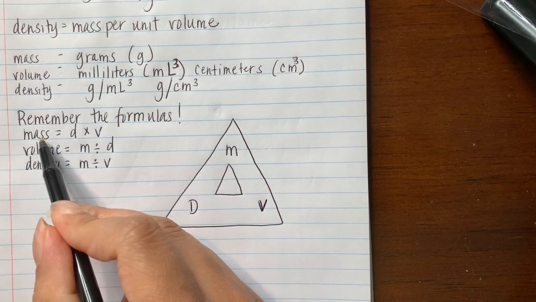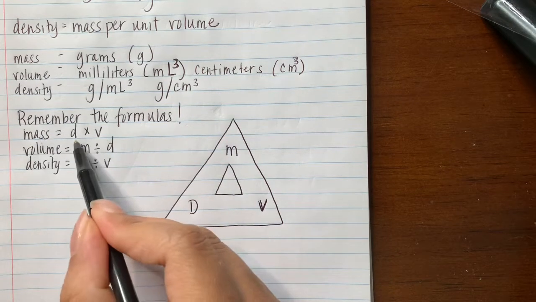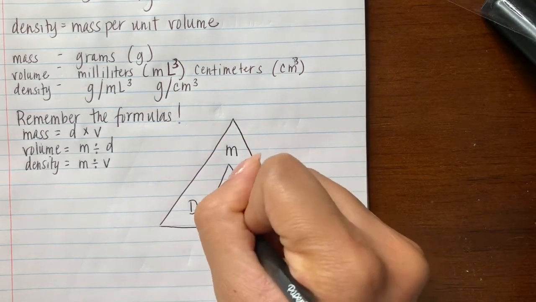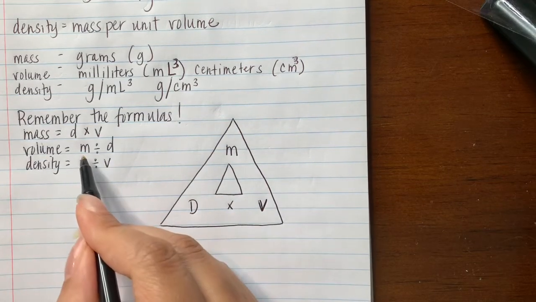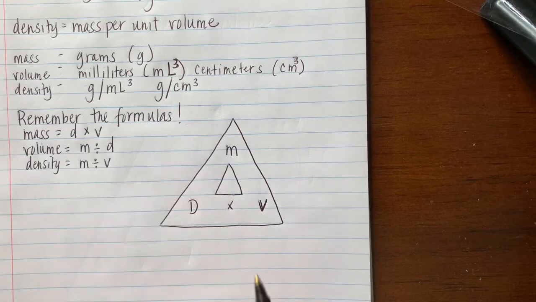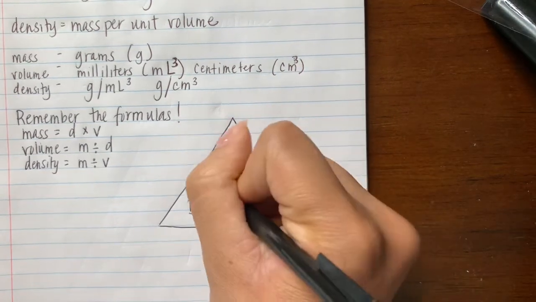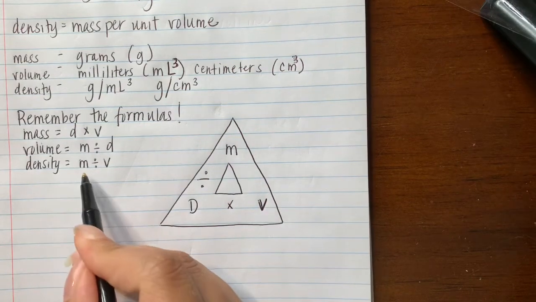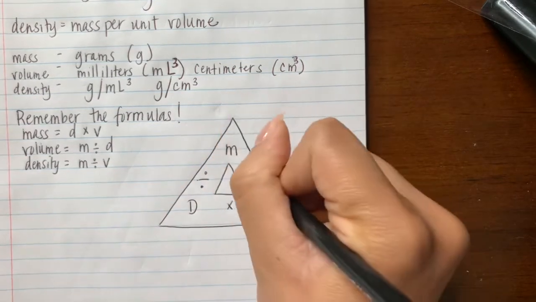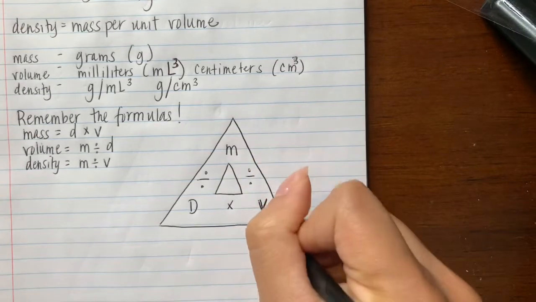If I want mass, I'm going to multiply density times volume, so I'm going to put the multiplication sign here. If I want volume, I'm going to take mass and divide it by density. I'm going to put the division sign here. And if I want density, it's mass divided by volume.